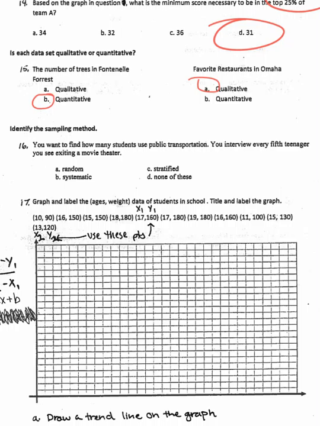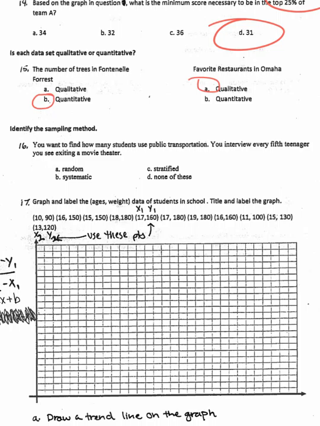All right, and then number 16, it says you want to find how many students use public transportation. So you interview every fifth teenager you see exiting a movie theater. Is it A, random, B, systematic, C, stratified, or D, none of these?